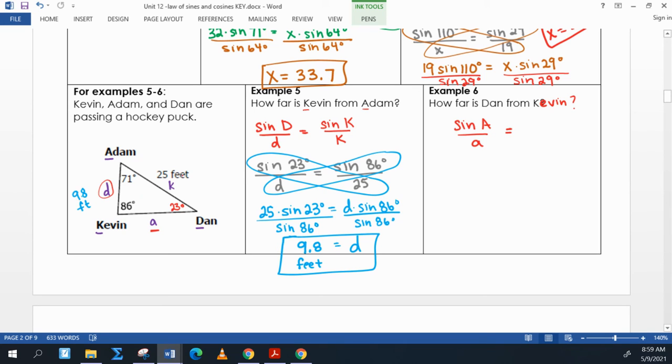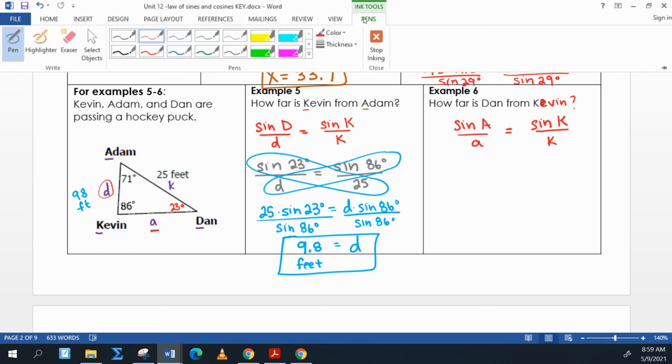This one was rounded a little bit, so it's going to be just a tiny bit more accurate, but not enough to matter if you use Kevin. So we'll use Kevin. But if on a test you use Adam, Dan, D, it would give you the same thing. All right, plug them in.